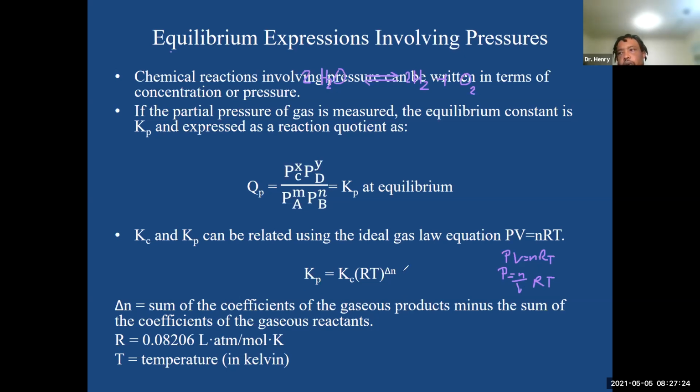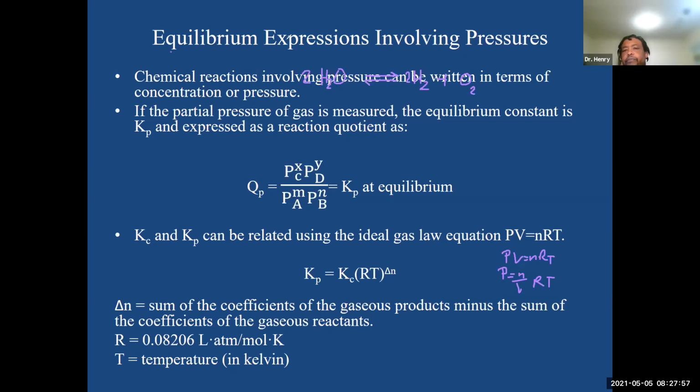So the difference is just going to be that RT to the delta n, where n represents the number of moles. So it's going to be the change in number of moles from your products and your reactants. Does that make sense? Yeah. Okay.